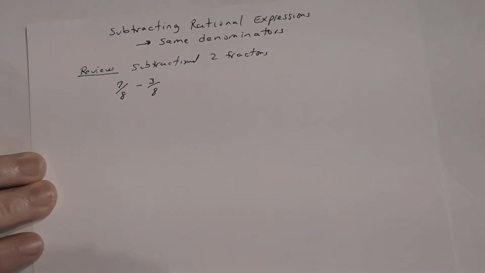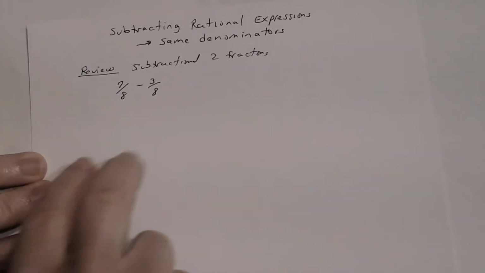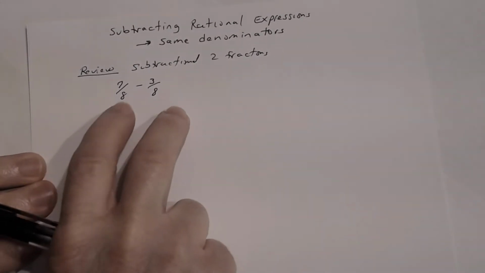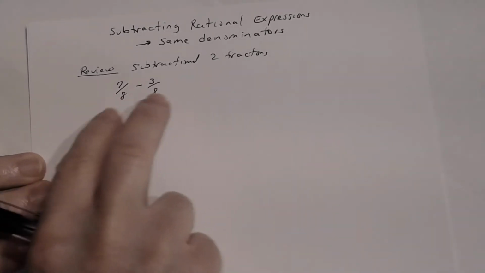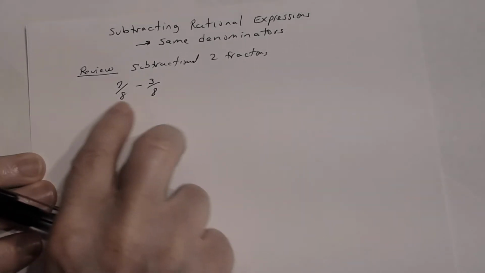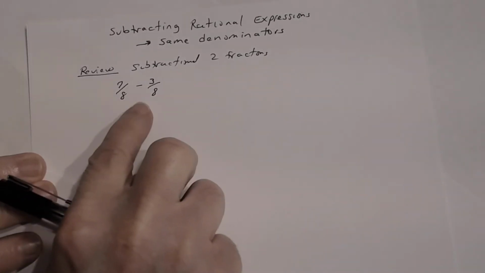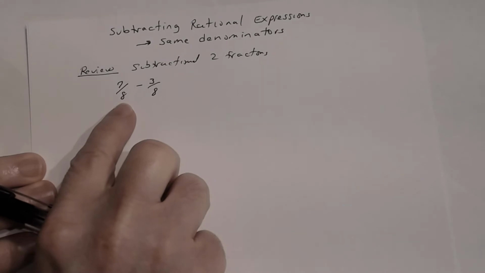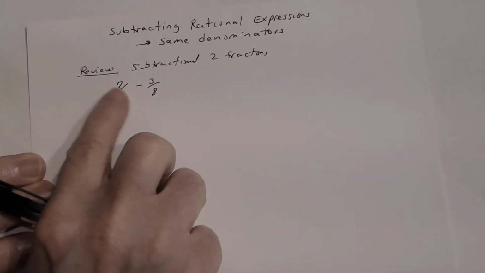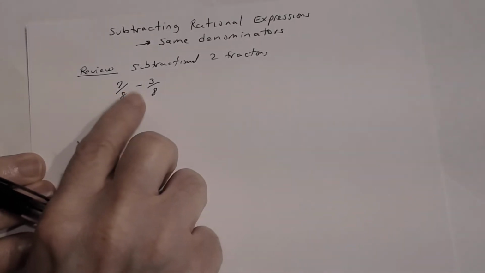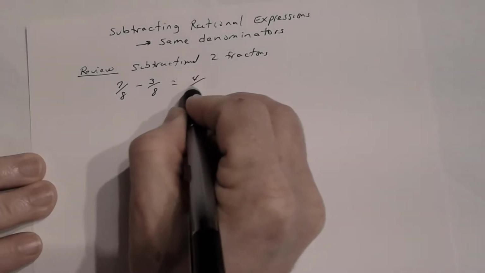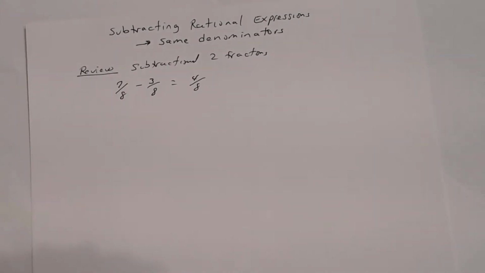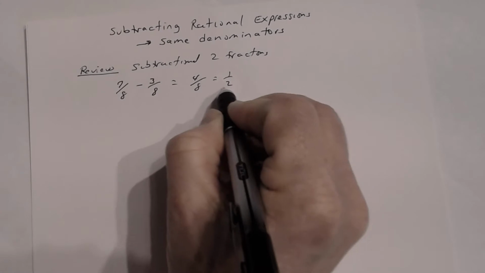Remember, when you're subtracting or adding fractions, before you can write this as one rational expression or one fraction, the denominators have to be the same, and they are. Once the denominators are the same, all you do is subtract their numerators. So 7 subtract 3 is 4. I get 4 eighths, and 4 eighths reduced gives me 1/2.